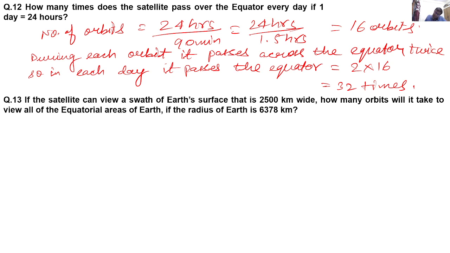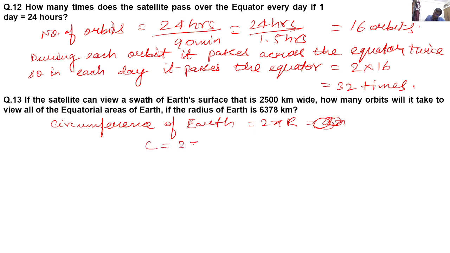So the circumference of the Earth is 2 pi r, with r equal to 6378 kilometers, which comes out to be 40,066 kilometers.